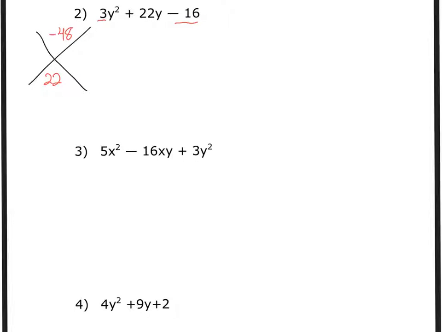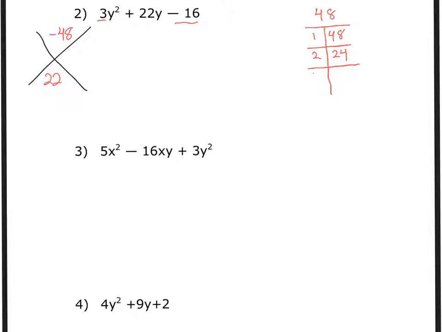Now let's take some time and find the two factors here. Again, just to show you how I want you to do this, I want you to take that 48 and break it up. So I know 1 times 48, right? I know there's 2 times 24, right? And we just go on and on.